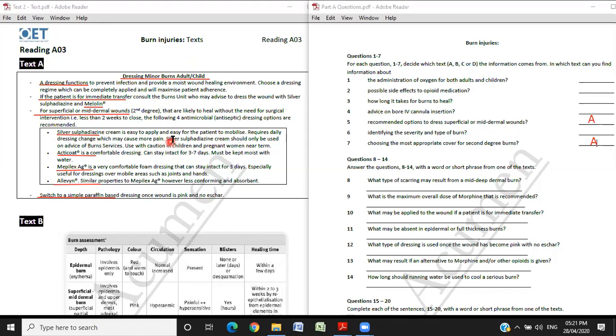So if it talks about the treatment, it cannot be identifying. Identifying means it is the assessment step. It cannot again have a healing point in that because it is about just the treatment, not even healing.